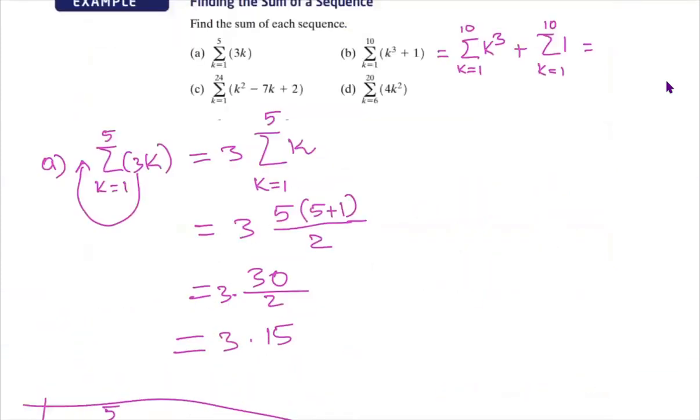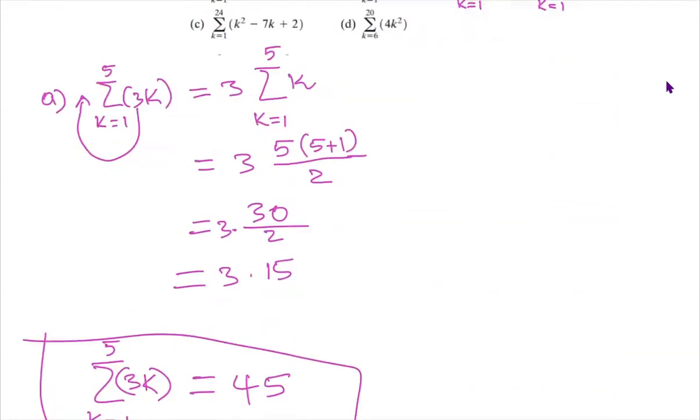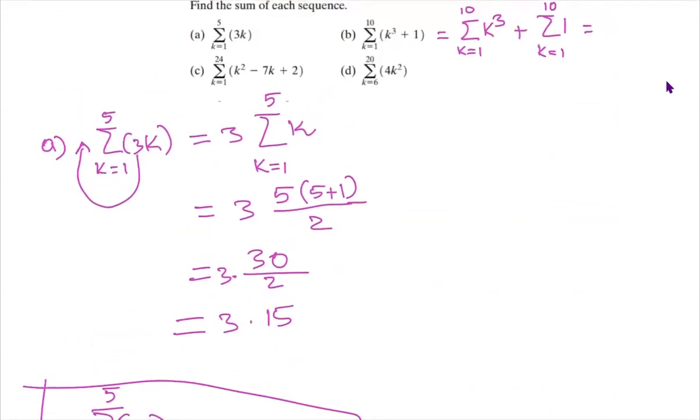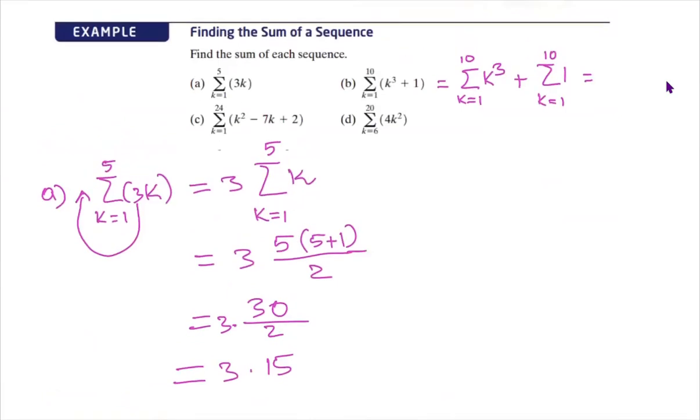So let me put it here. That's 10 times 10 plus 1 over 2, squared, and then plus 10.